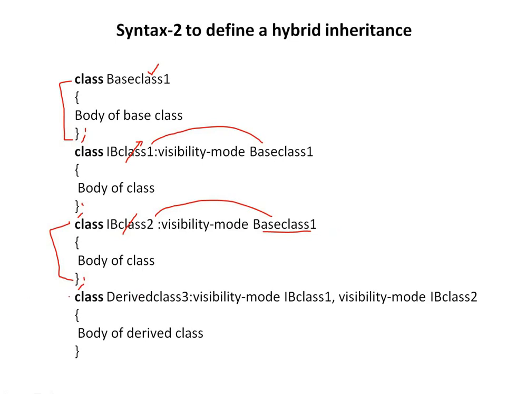Now let us define the bottommost derived class, that is class derived class 3, colon operator, followed by visibility mode IB class 1, comma, visibility mode IB class 2, means derived class 3 inherits the properties of IB class 1 and the properties of IB class 2.